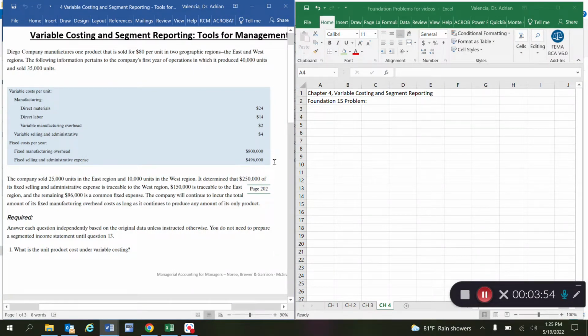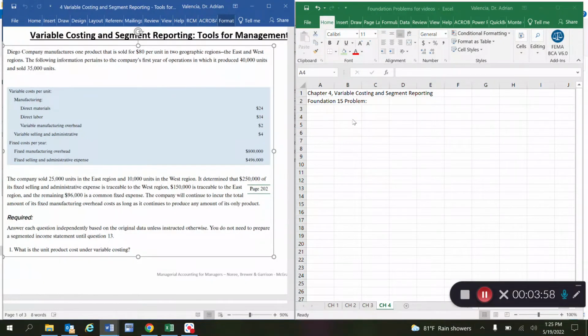They stay. In the long run, you can start doing things to improve the cost structure, but in the short term, it's hard. So when we look at this, it says answer each question independently. Okay, so we're not going to rely on one question to answer the other based on the original data unless instructed otherwise. You do not need to prepare a segmented income statement until question 13.